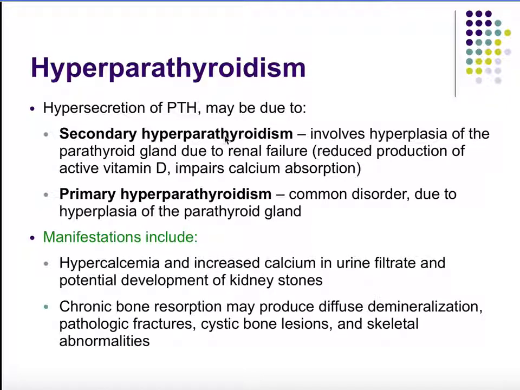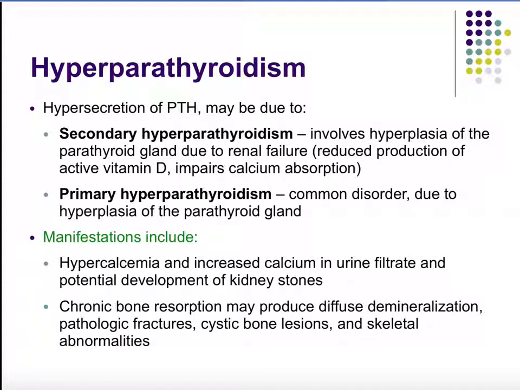Secondary hyperparathyroidism also involves hyperplasia of the parathyroid gland, but it's due to renal failure. Because you have renal failure, you're not activating vitamin D, so you're not absorbing calcium in the intestines, which means calcium levels are going to be low. So then your body will release a lot of parathyroid hormone to raise blood calcium.